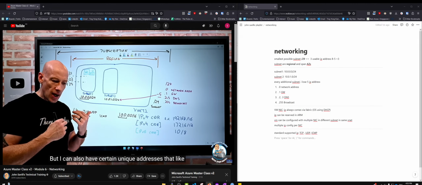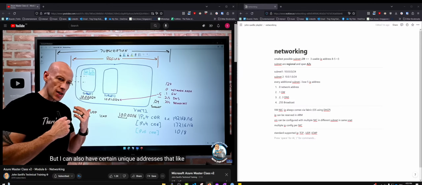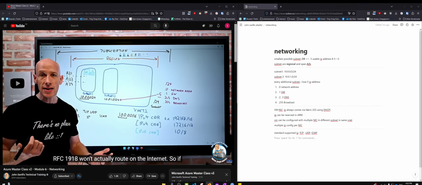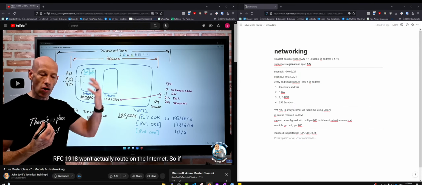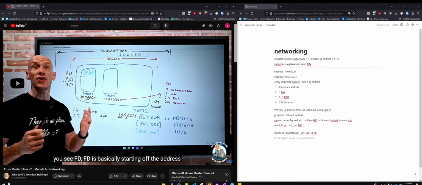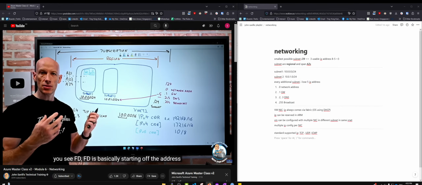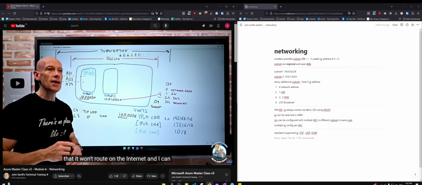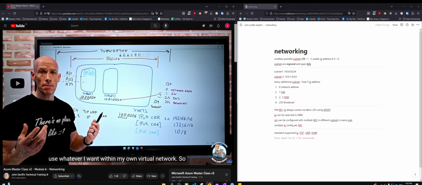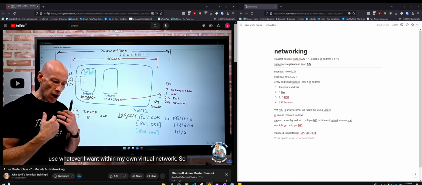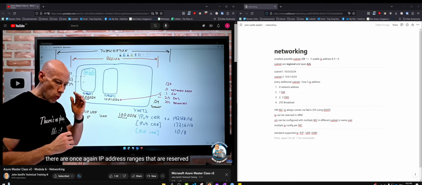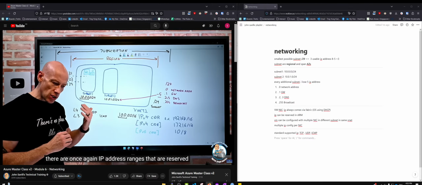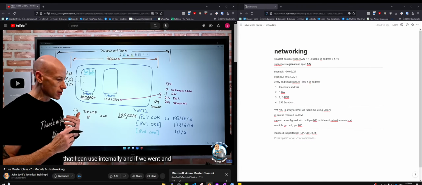But I can also have certain unique addresses that, like RFC 1918, won't actually route on the internet. If you see FD, FD is basically starting off the address that it won't route on the internet. And I can use whatever I want within my own virtual network. So there are once again IP address ranges that are reserved that I can use internally.